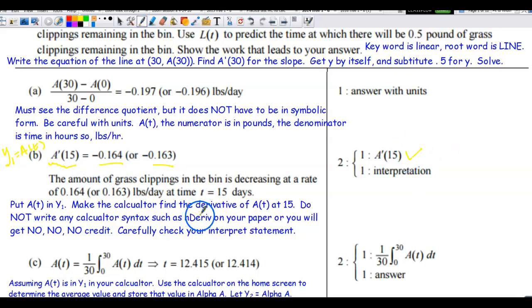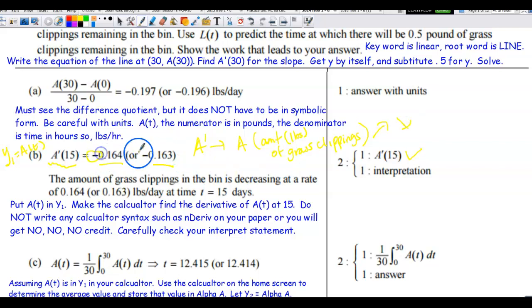Now the interpretation is really important. A prime modifies A, and A was the amount, or pounds, of grass clippings. So when we write this interpretation, we're going to describe something about the amount of grass clippings, whether it is increasing or decreasing.